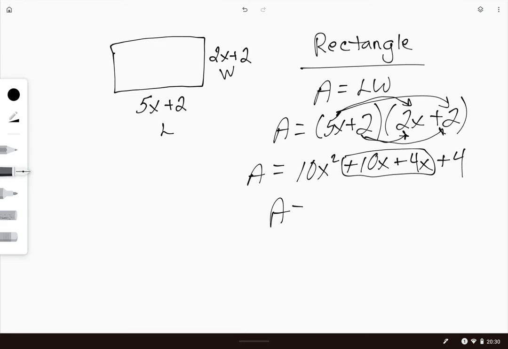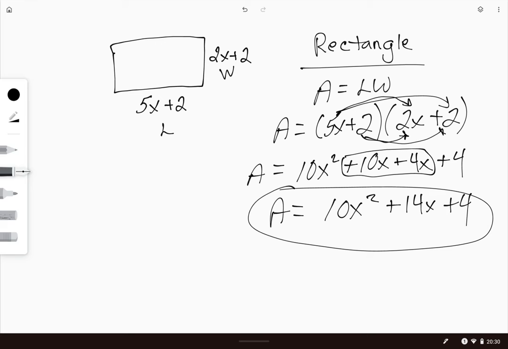So my area for this particular rectangle is expressed as the polynomial 10x squared plus 14x plus 4. Okay, now since we do not know a value for x, you can simply leave the area for this rectangle expressed as this polynomial, 10x squared plus 14x plus 4.